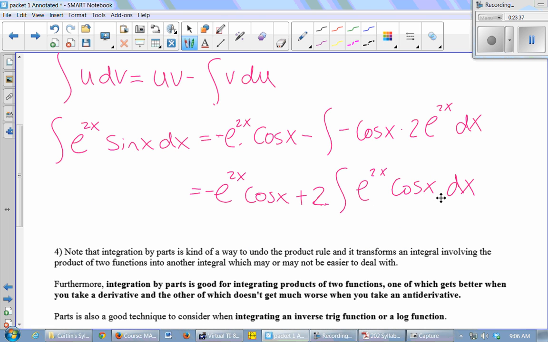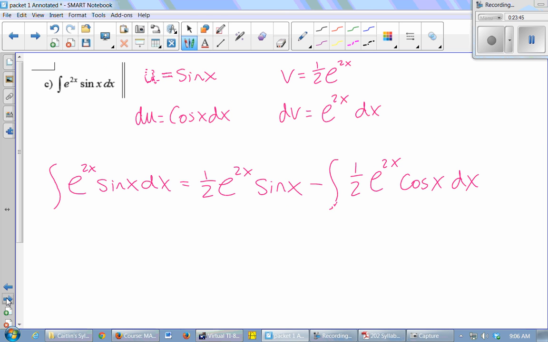And I thought I was stuck, but seems no matter, even with the choice of the other v du, v and u and dv, I'm stuck here again. So my only option, if I want to evaluate this integral, is to do by parts again.